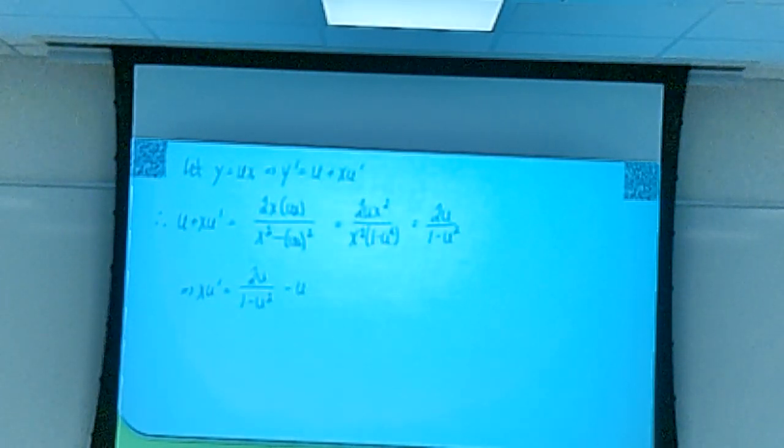Subtract u from both sides. We want this as a single denominator. u minus u cubed over 1 minus u squared, right?